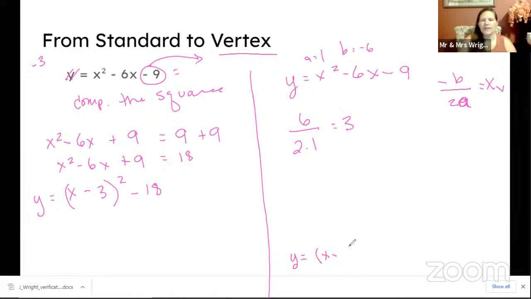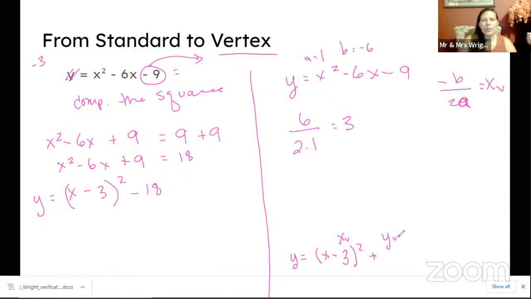And remember, the h is the xv and the k is the yv, or the x in the vertex and the y in the vertex. So we just found out what xv was. So we can just plug this number right into the equation, just like that.